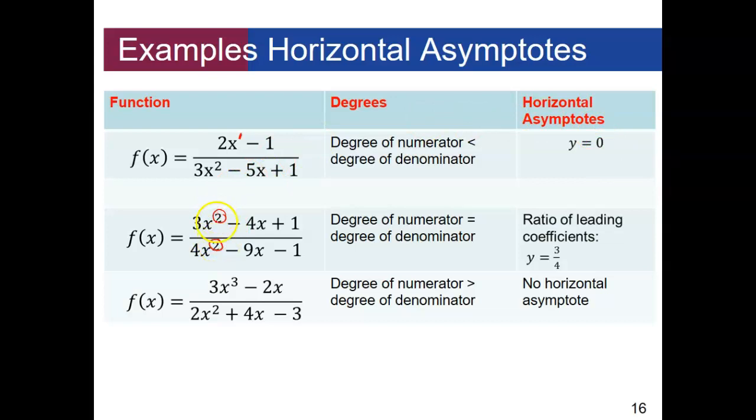So when they equal each other, we're going to look at the ratio of our leading coefficients. So it's going to be 3/4. So we'll write it as y equals 3/4. This one has a degree of 3 in the numerator and a degree of 2 in the denominator. So when the degree of the numerator is larger, then we're going to have no horizontal asymptote.